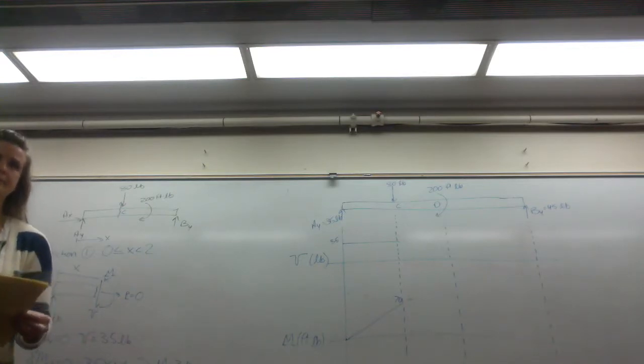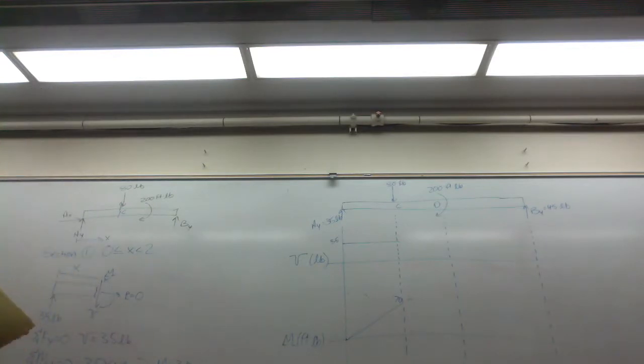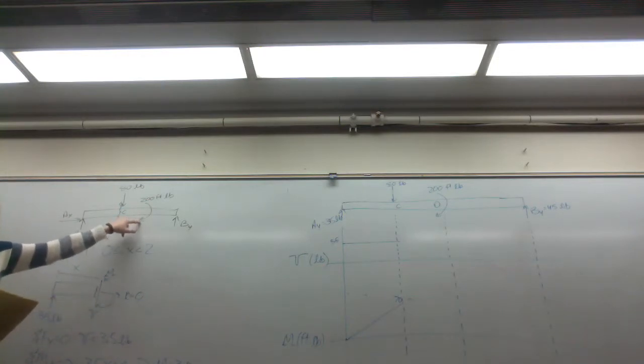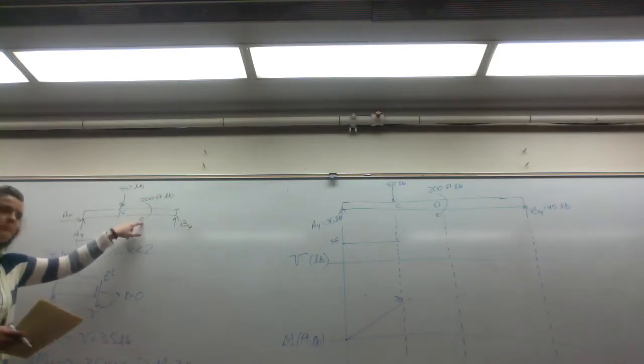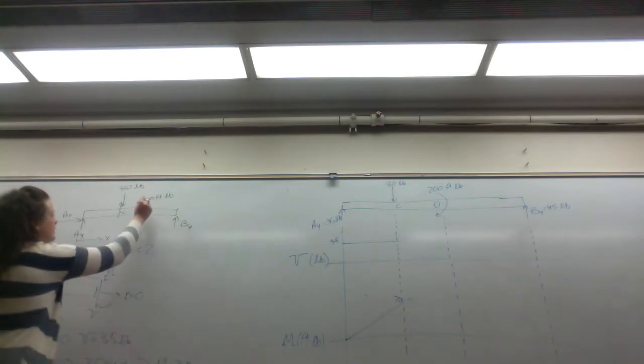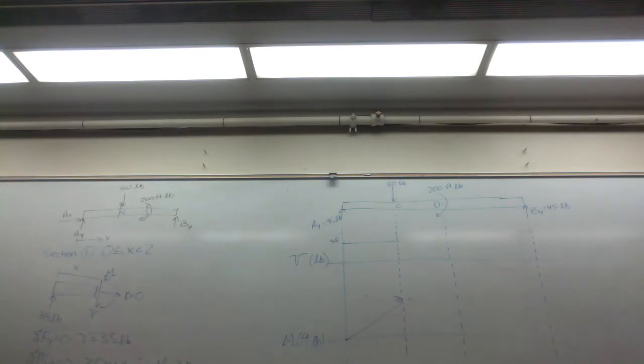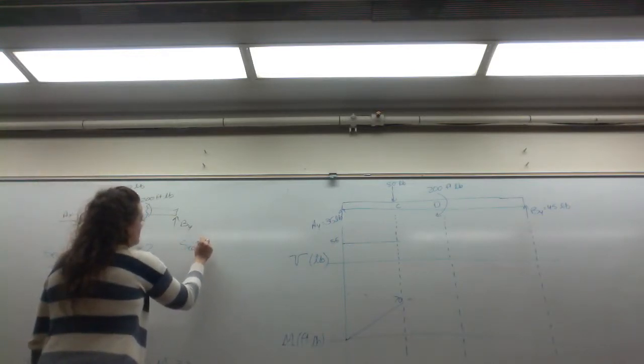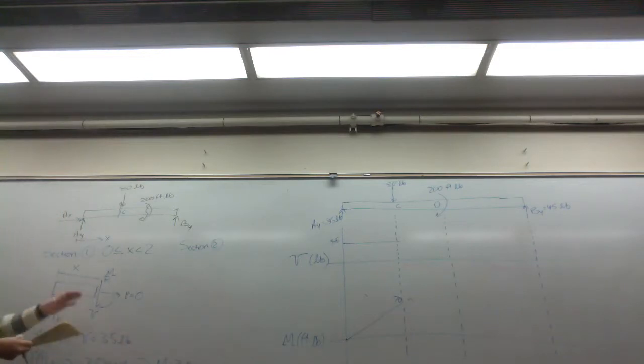All right. So we have a second section between C and D. We're making our cut right before D, but we still need to solve from A. Okay, we can't make two cuts here.